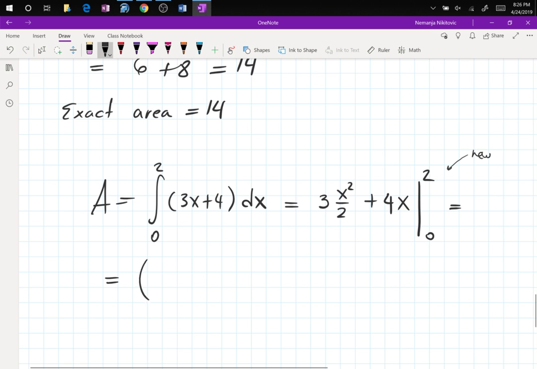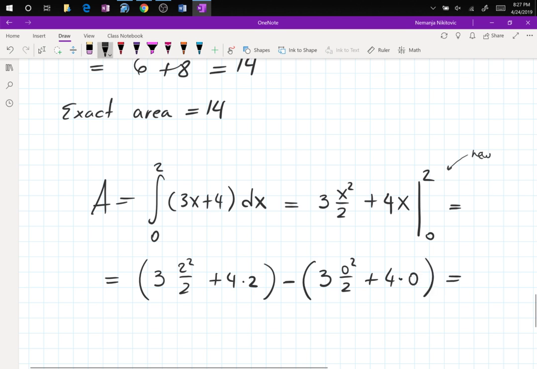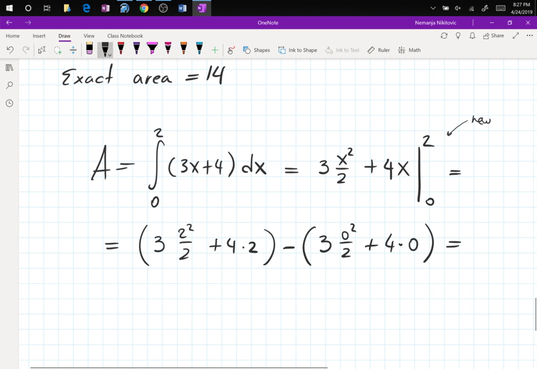So this is going to be 2 squared over 2 plus 4 times 2, minus 0 squared over 2 plus 4 times 0. And now we compute. This better come out to be 14. So I have a 6 plus 8 minus 0, which is 14.